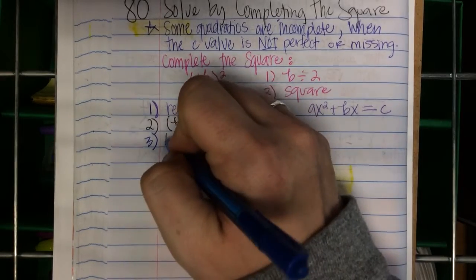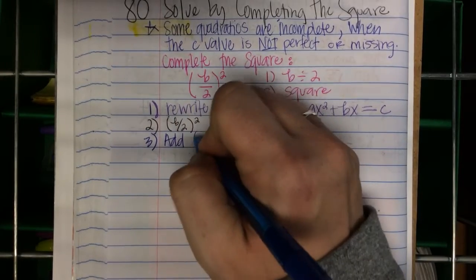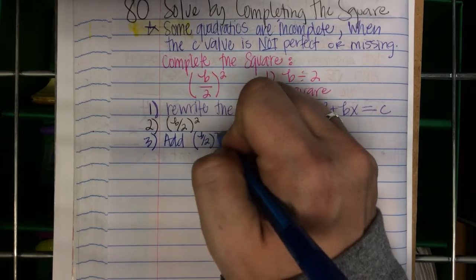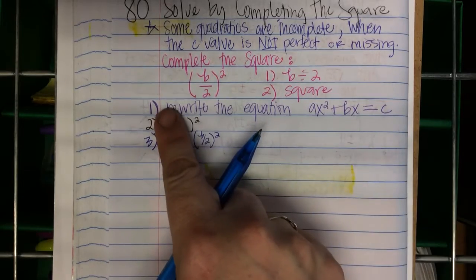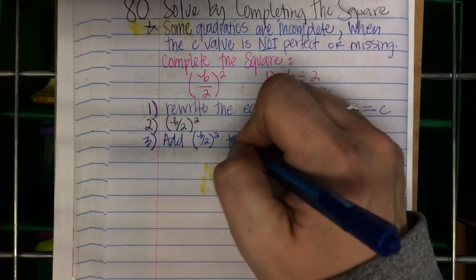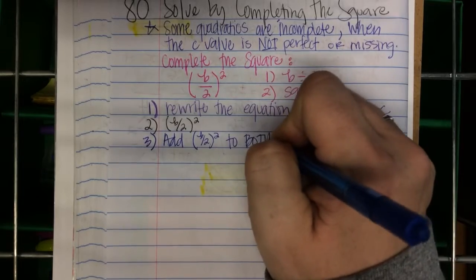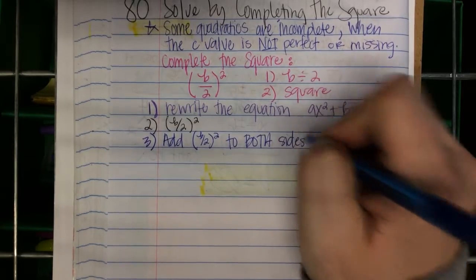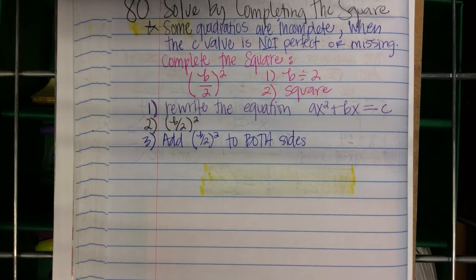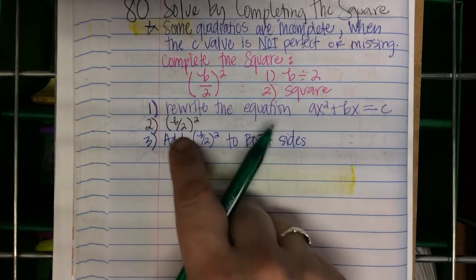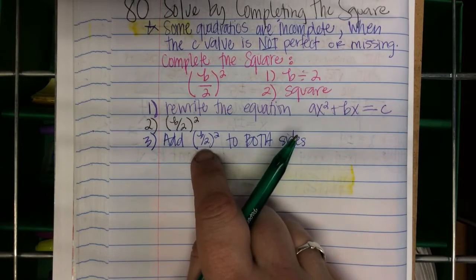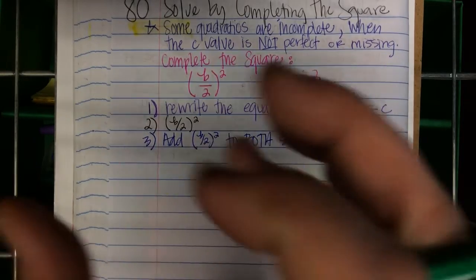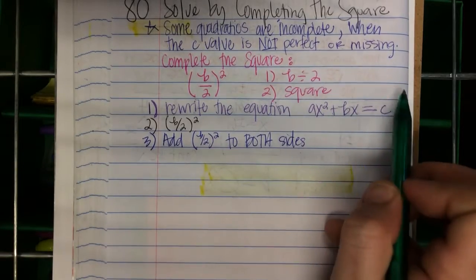Step 3 is we add b divided by 2 squared, whatever that number is we get for step 2, to both sides. So if we get, 10 divided by 2 is 5, and 5 squared is 25, I'm going to add 25 to both sides of my problem.